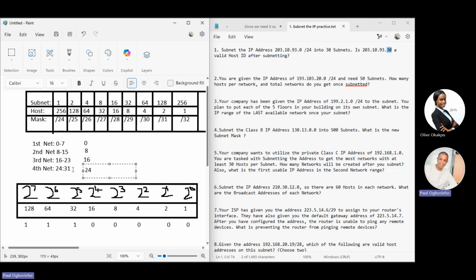And if you check here, the broadcast here is 31, right? Yes. And that means 30 is assignable, is usable. You can assign it to somebody. And you cannot assign the network ID and the broadcast. You don't assign host ID and broadcast.